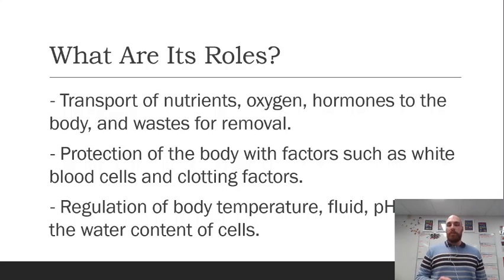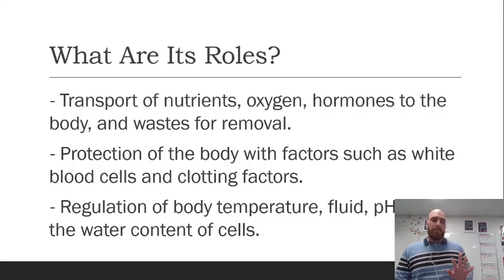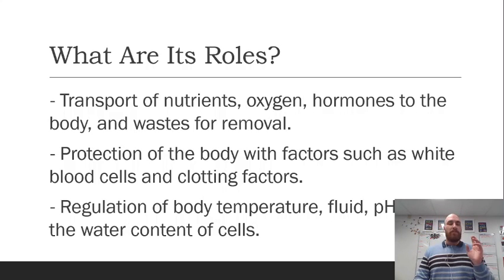It also regulates body temperature, fluid, pH, which we learned a little bit about before. You know how we talked about the digestive system and how the acid in the stomach helped break up everything. Ideally, we want a pH of about 7. So our circulatory system just helps to regulate that to try and keep it at a solid 7.